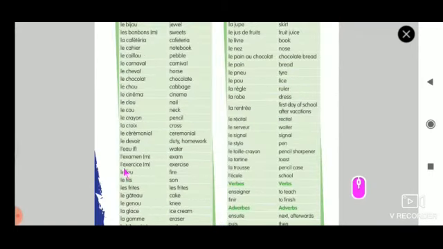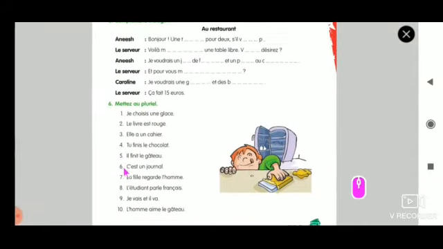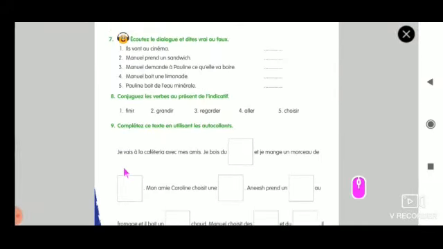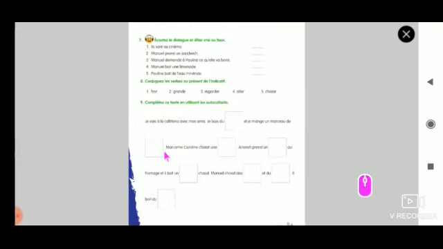So next week we are going to see exercise number 6, and anyway next week I'll show you the answers for this, and exercise number 9 I'll tell you if we will see it or not. Hope we are nearing the end of the lesson, and you can revise this lesson perfectly.